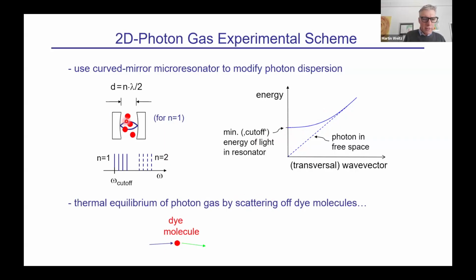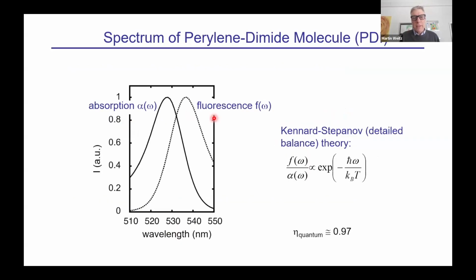So we fill dye molecules in liquid solution inside. These are spectra of a perylene diimide, which is a typical dye that we use. And you see here both the absorption and the fluorescence spectra. There's a Stokes shift in between.